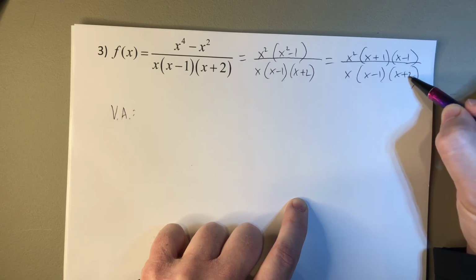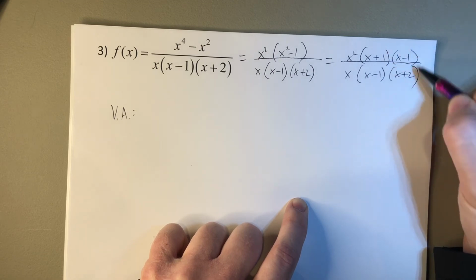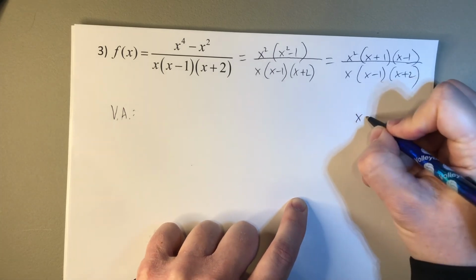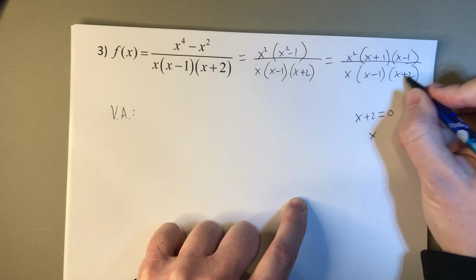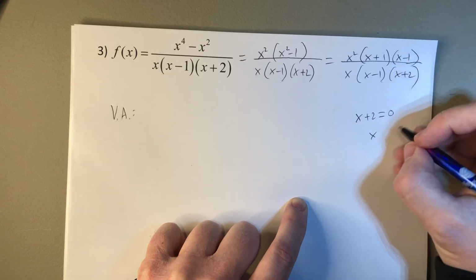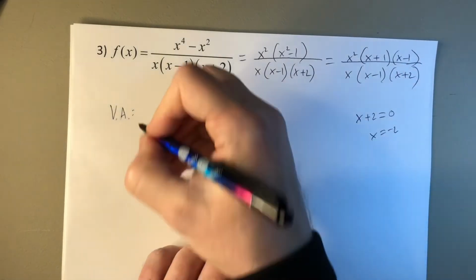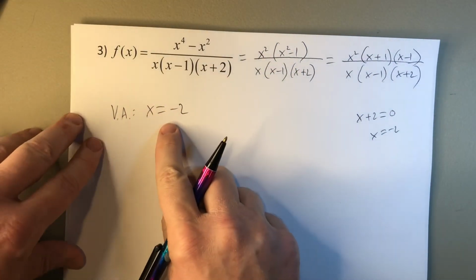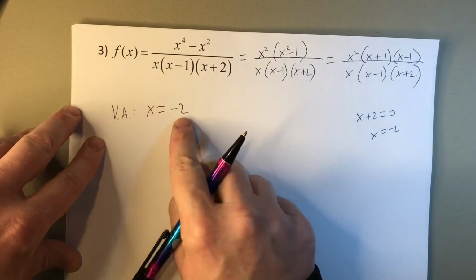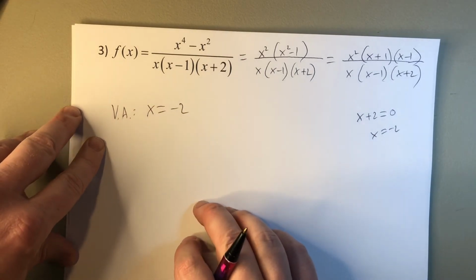Does x plus 2 occur on top? No, it does not. So the only thing you've got to worry about is this x plus 2. You're going to set this factor, which does not repeat on top, equal to 0, and you're going to solve for x. So the only vertical asymptote that exists on the graph of this function is x equals negative 2.